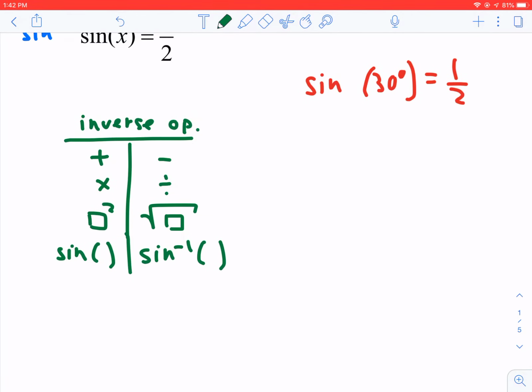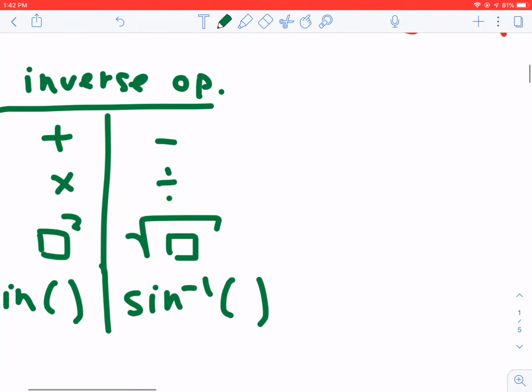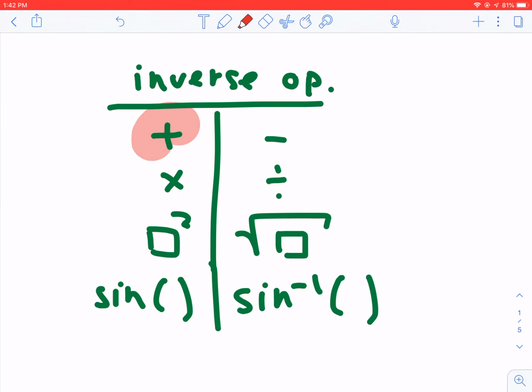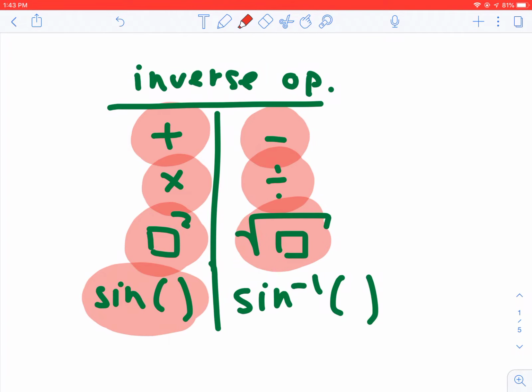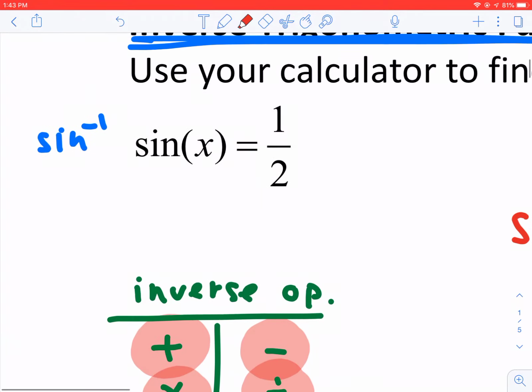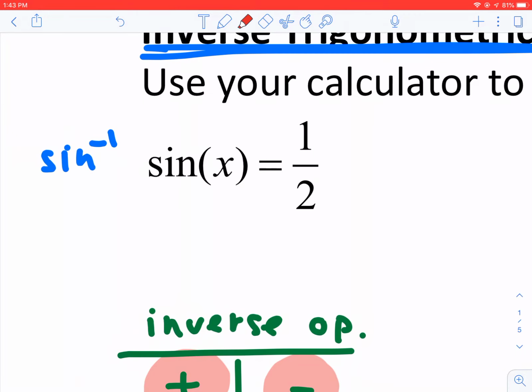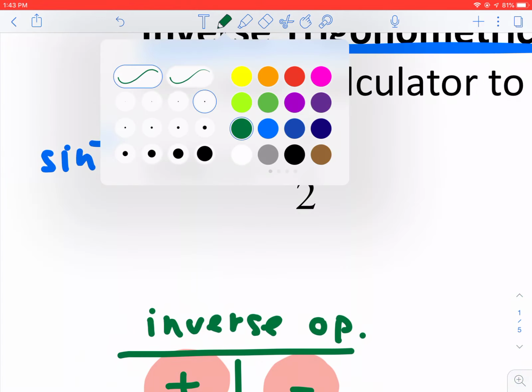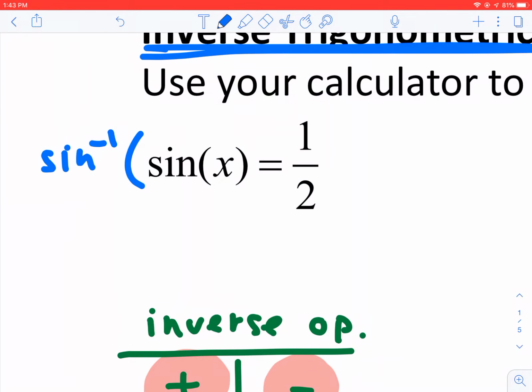So the inverse of sine is inverse sine. It looks a little weird, but it's just the opposite, just like addition, subtraction, multiplication, division, squaring, and square rooting. We have sine and inverse sine. So in other words, if I want to undo taking the sine of something, I'm going to inverse sine it. So I'm going to take the inverse sine of sine x.